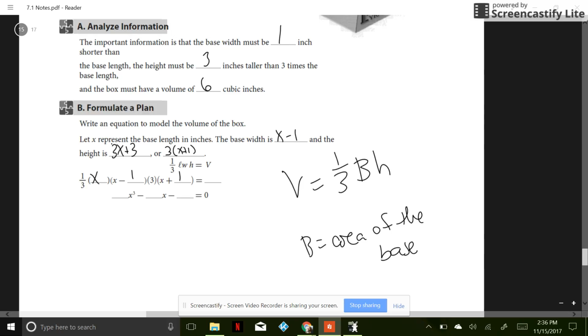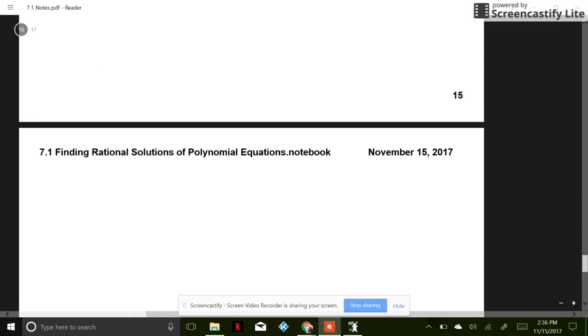That should be x plus 1, should equal 6. So the 3 and the 1/3 multiply out to become 1. Once you distribute in, you'll end up with 1x cubed minus 1x, and then subtracting the 6 over gets you there. So from here, we've got x cubed minus x minus 6 equals 0.